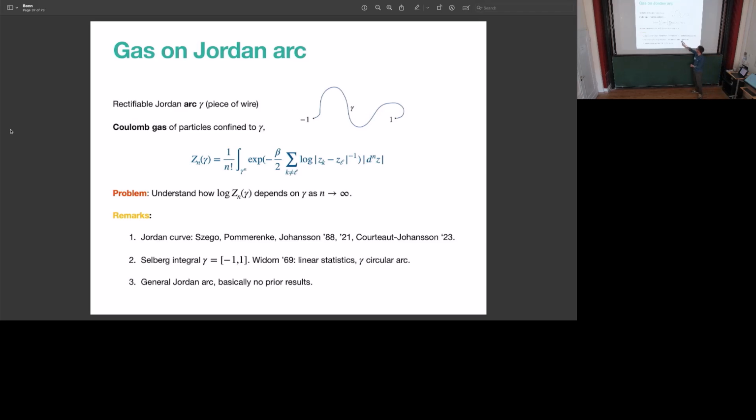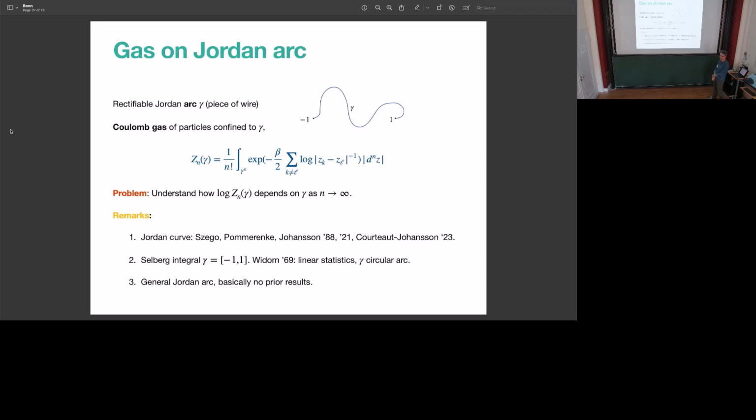And then in '21, for the first time, this connection was made, in the case of a Jordan curve, to the Loewner energy, and this was extended to general beta by Clara and Kurt. I will come back to these works and explain why you have to do something different for the Jordan arc, even though it seems very similar.